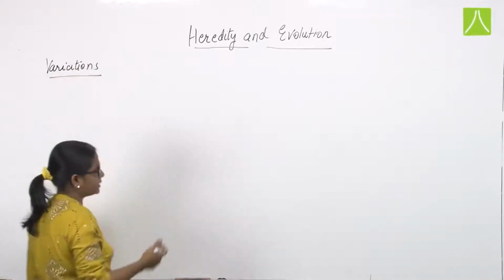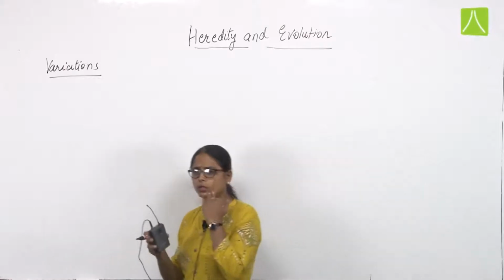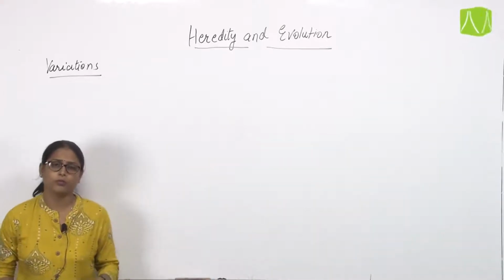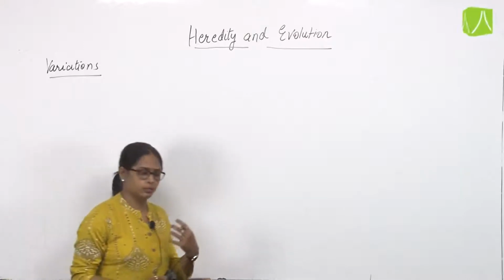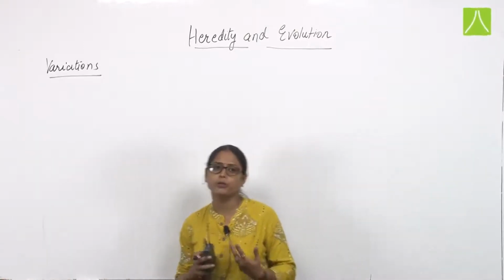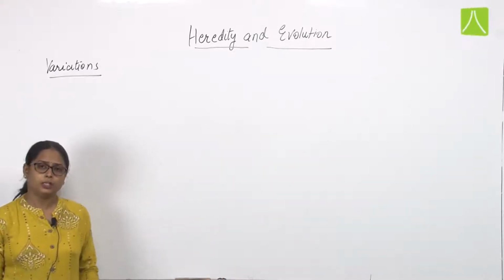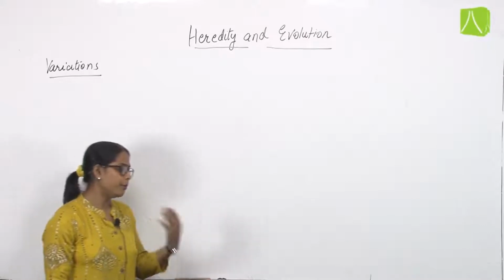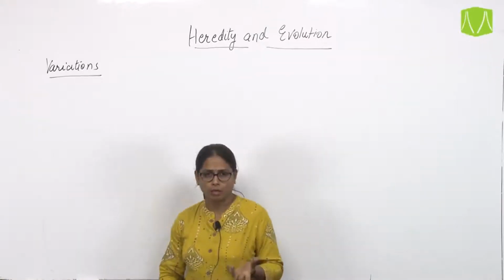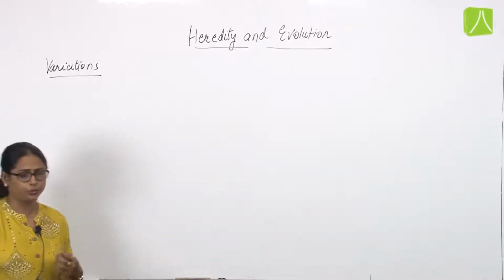Variations means changes. We all know a particular species has different members, and it does not mean they are always similar. They may show dissimilarities in terms of different parameters, maybe color, maybe height, maybe genetic makeup.